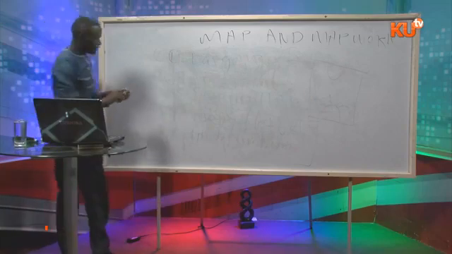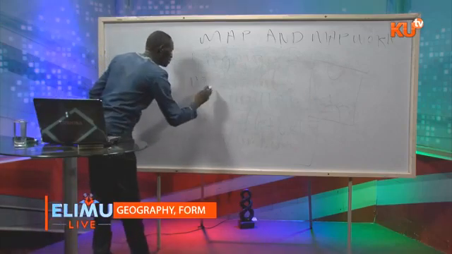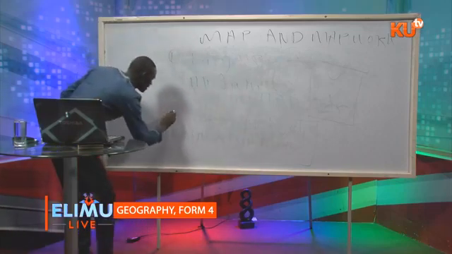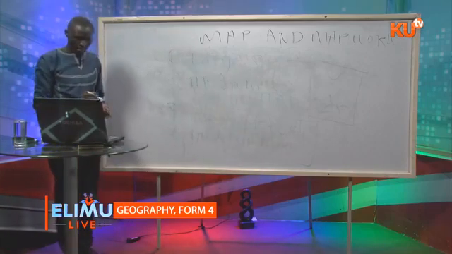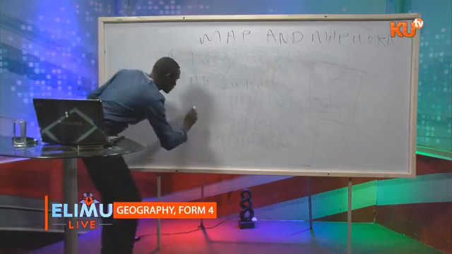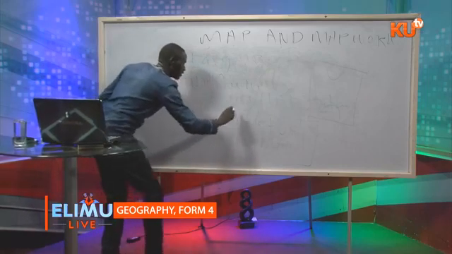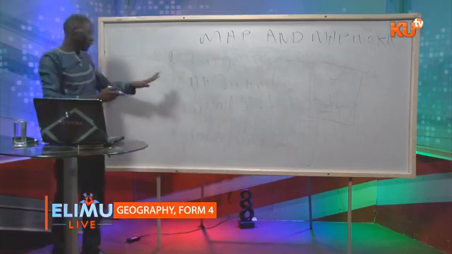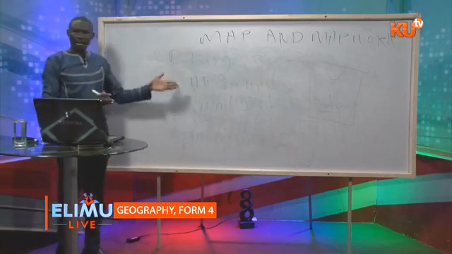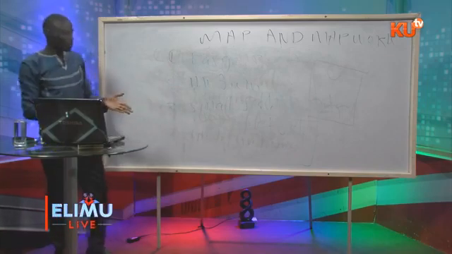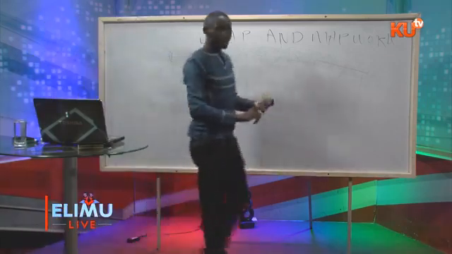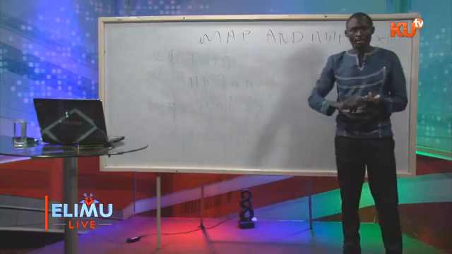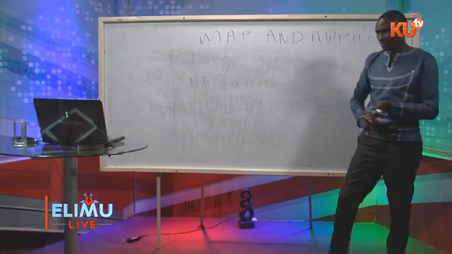The second one is the medium scale, and the last one is the small scale. So learners, if you are asked about the types of scales that are available, you'll note that there's a large scale, a medium scale, and a small scale.